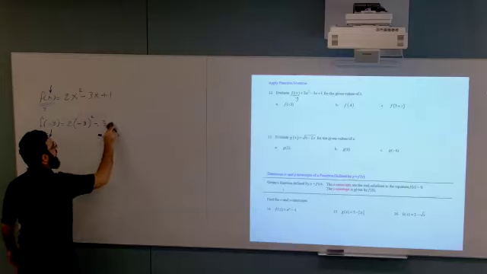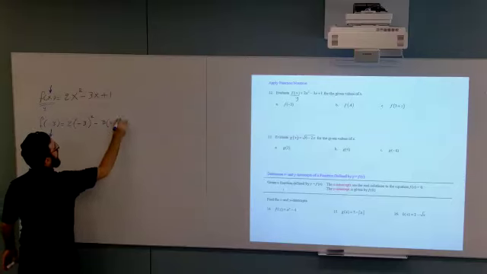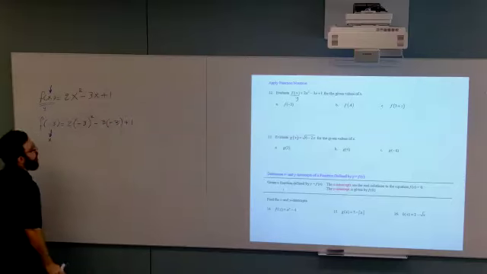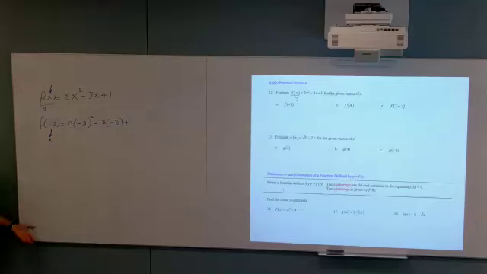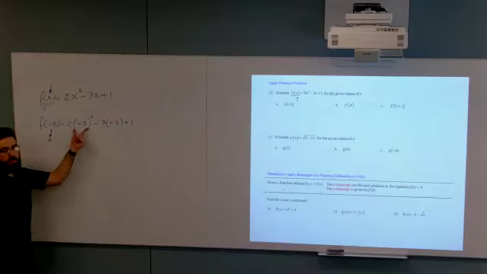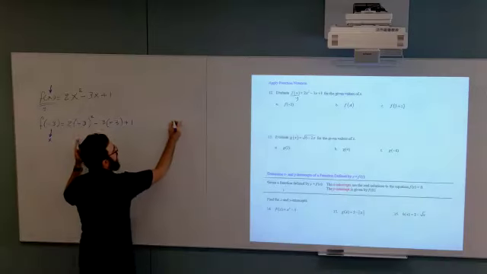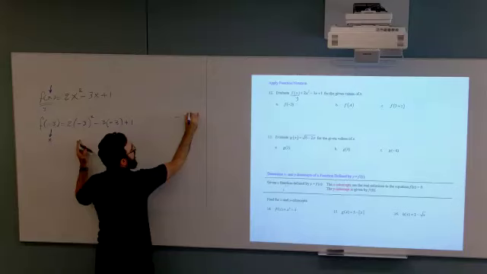Check. When I'm plugging in the number, always make sure to put parentheses, because you're going to make mistakes here. When you're using a calculator, plug in with the parentheses. Is that the same?